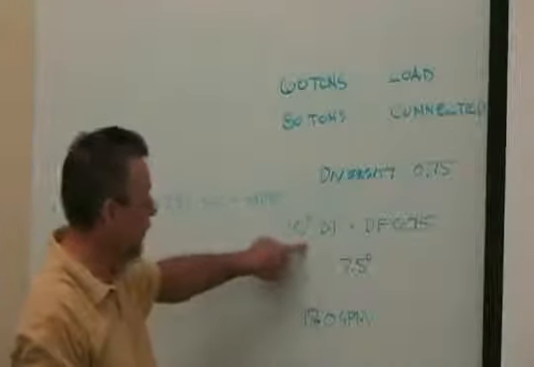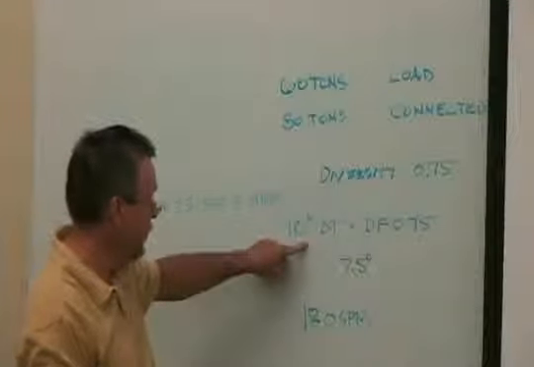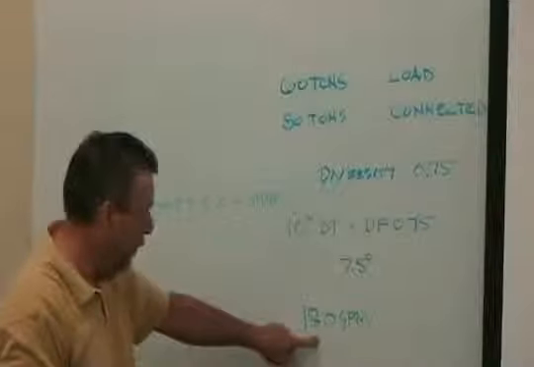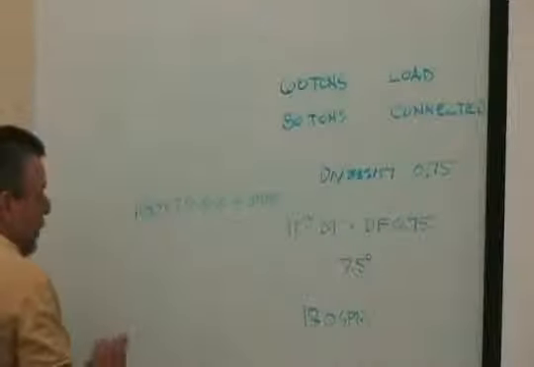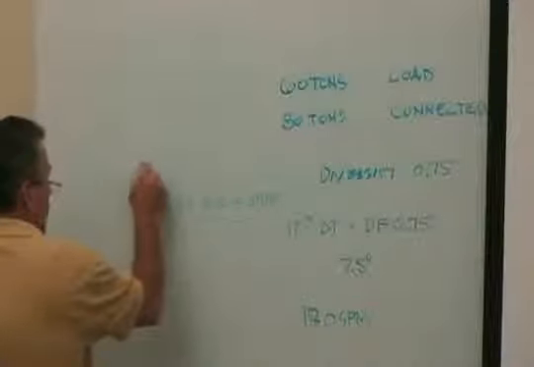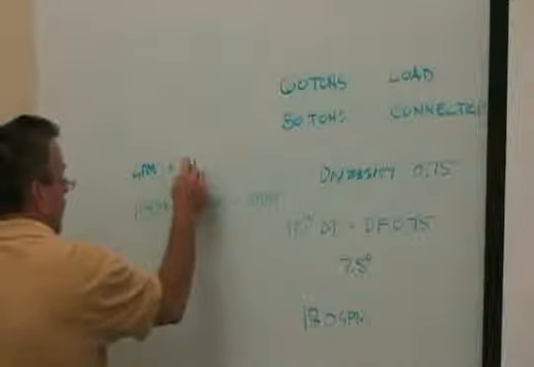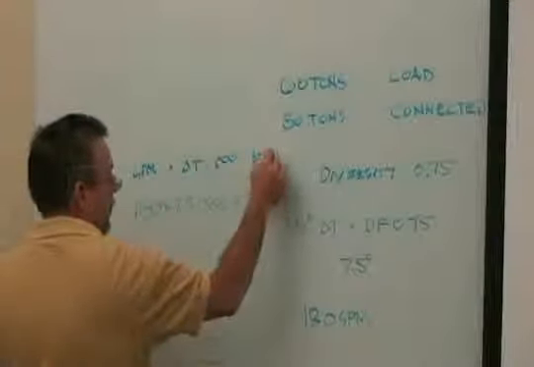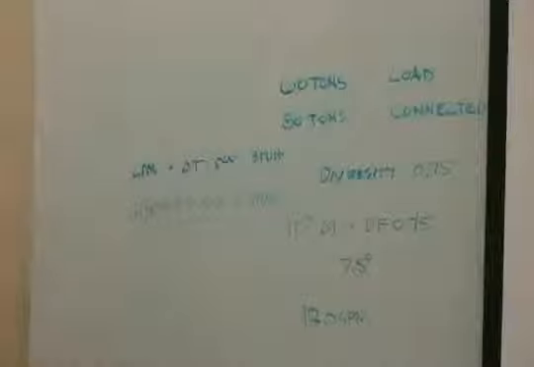I have selected arbitrarily a 10 degree delta T. Times my diversity factor gives me 7.5. I know what my flow is required for each heat pump. So GPM times delta T times 500 equals BTUH. So that's how I size my cooling tower.